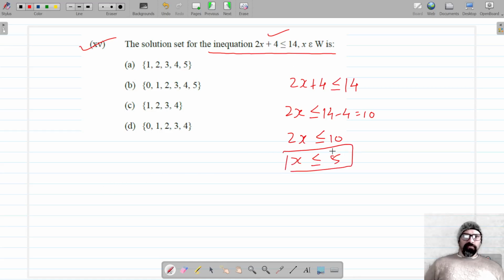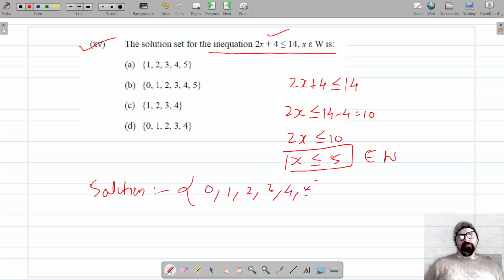And it's given that x belongs to the set of whole numbers. We know that the whole numbers start from 0, and less than equal to 5, the set will be 0, 1, 2, 3, 4, and 5. So this is our solution set. 5 is also included. So B is the correct option for this one.